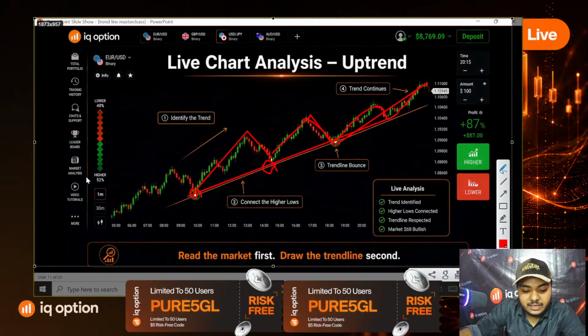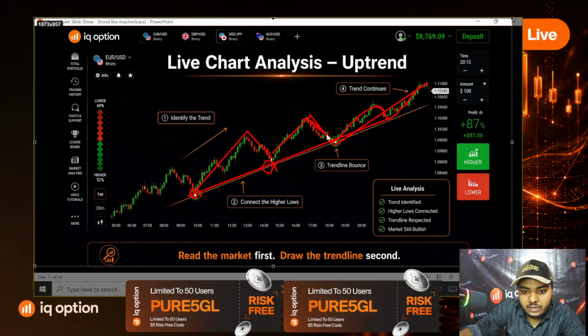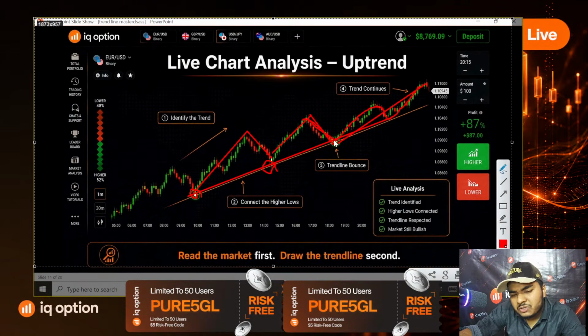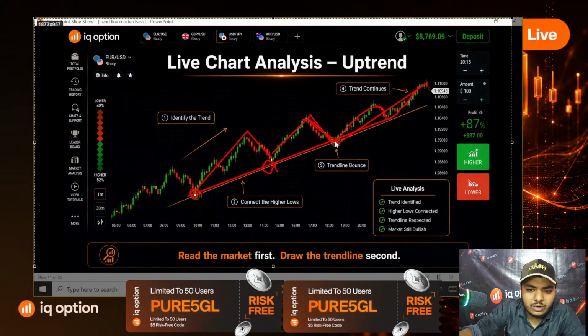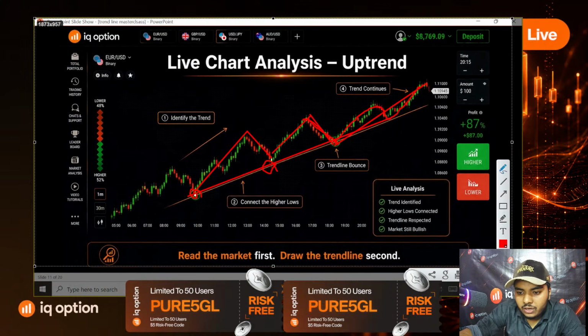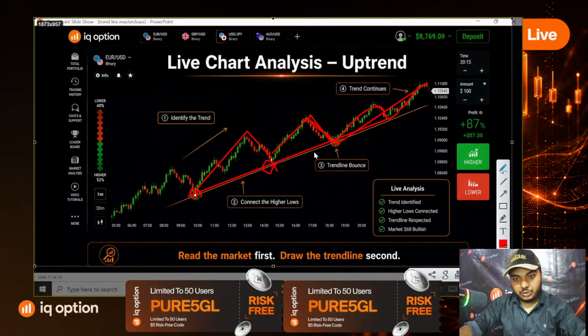That doesn't mean the market always comes with full pressure. Sometimes you get a little correction, one or two candles breaking below, or above. Sometimes you get this kind of situation, but don't panic.